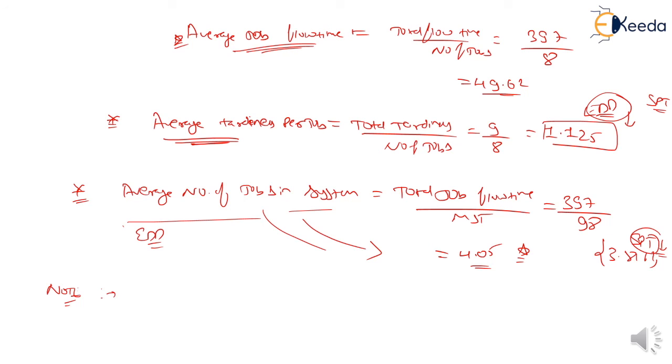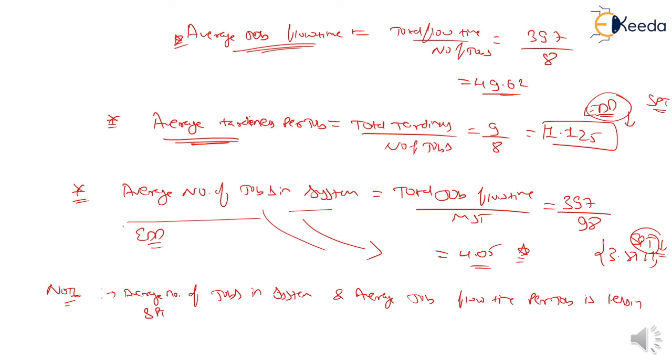So take one note: the average number of jobs in system and average job flow time per job are less in SPT as compared to EDD. So we can say that SPT is better than EDD.